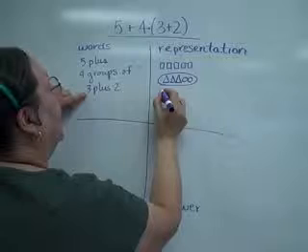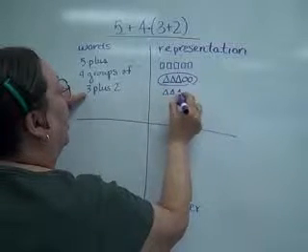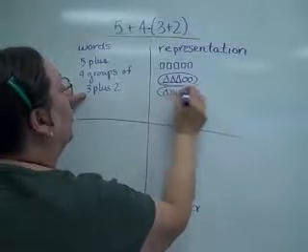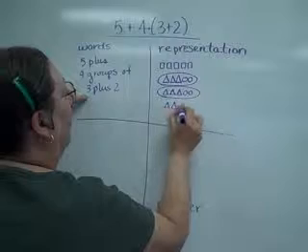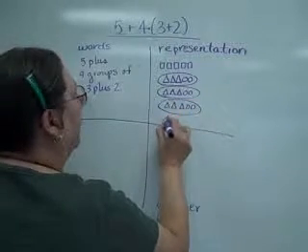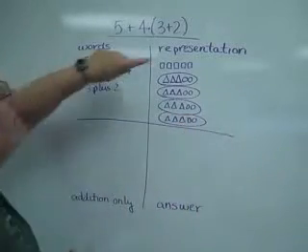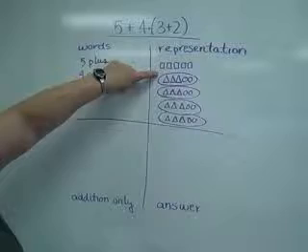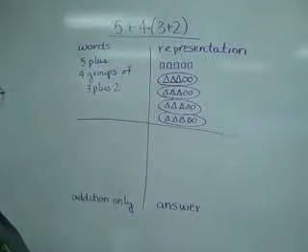Then another, I've got the 3 and 2, one more group, and then the third group, and then a fourth group. What I have then is the 5 plus 4 groups of 3 plus 2.